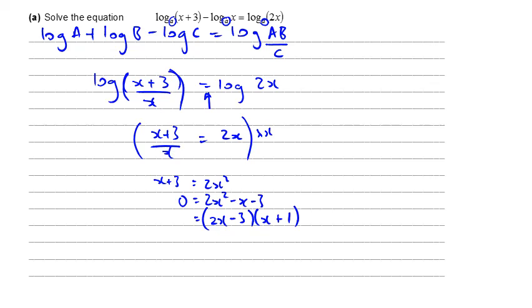That is plus, that's a minus. Alright, I haven't shown you how to do that, but you guys should know how to do that. Which therefore means I've got x values of 3 over 2 or negative 1. Okay. However, if you put that into your calculator, that will give you an answer. But what will this give you?